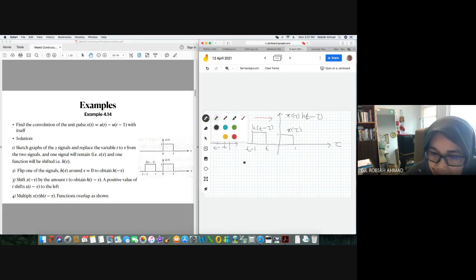There are different conditions. Kita sketch dulu. So I will do h(tau) in a different color lah, maybe red. So this is x, and another one is red. So t masa ni adalah 0 lah. t minus 1.